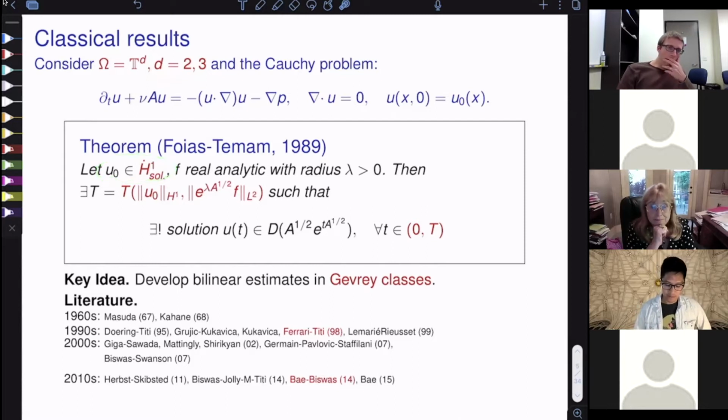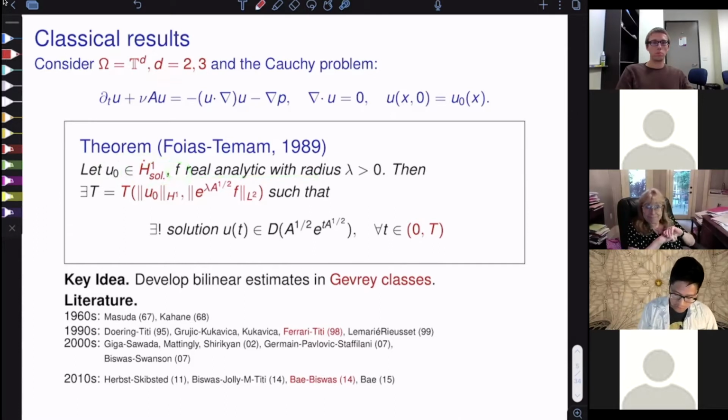what Foias and Temam showed is that if you have a divergence-free vector field, that's a velocity field, which is in H1, and the dot there is to denote that it has zero mean, so the zero frequency is zero. And, I'm sorry, this capital F should be a forcing term, which is missing. So if that forcing term is real analytic in space with analyticity radius lambda, then there exists a time depending on the norm of the initial data and the norm of the forcing.